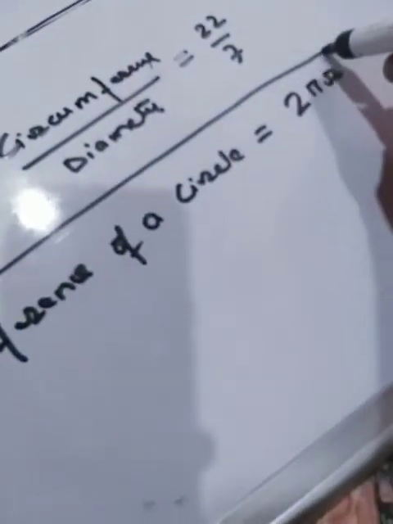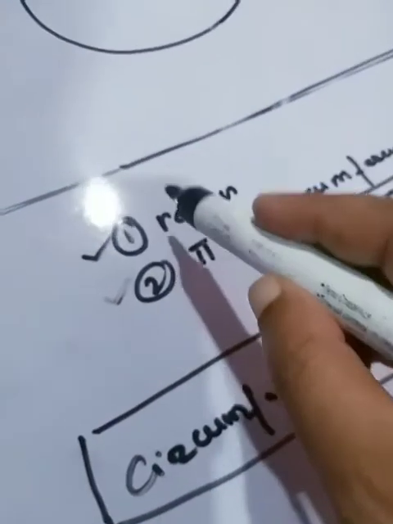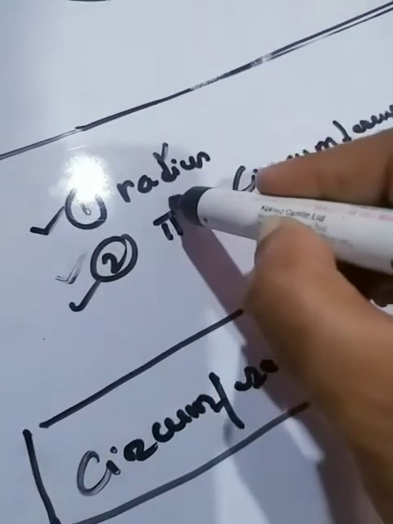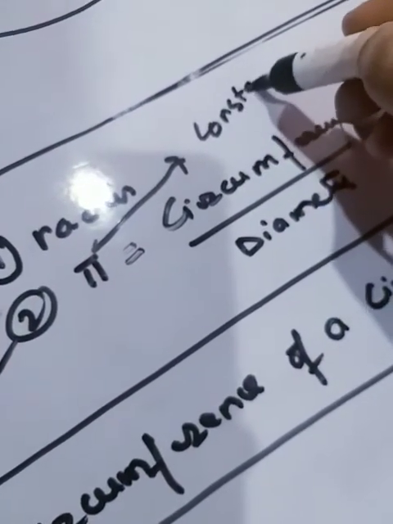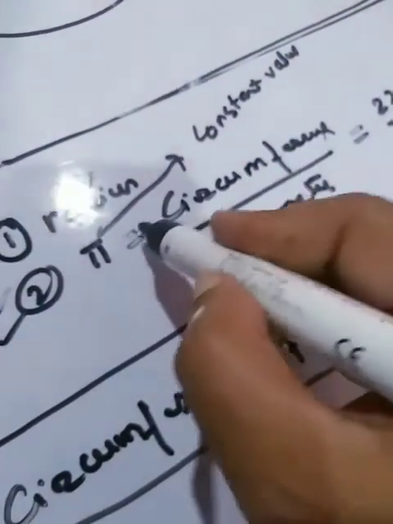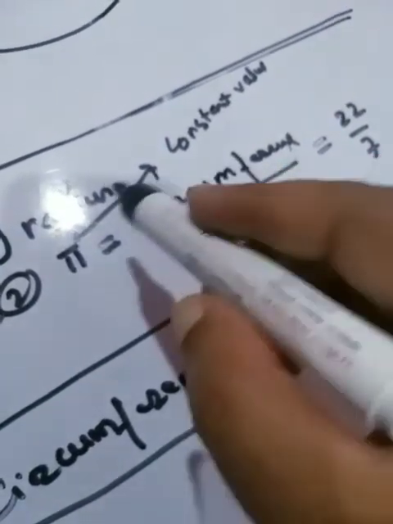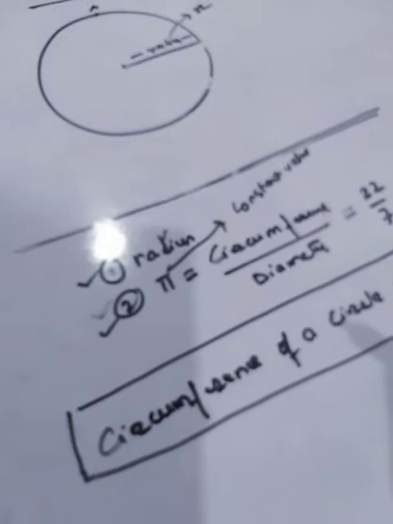I want everyone to write all the details which I have given today. That is, what are the things that you require to get the circumference of a circle? That is radius and pi. And what is pi? Pi is a constant value. You will write it down, a constant value, which is equivalent to circumference by diameter, and the value of pi is always equal to 22/7.